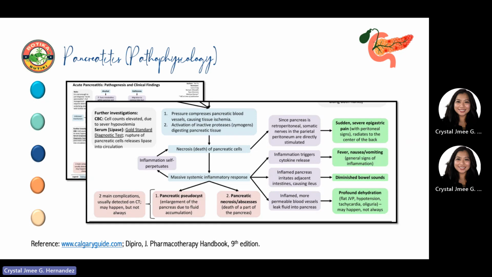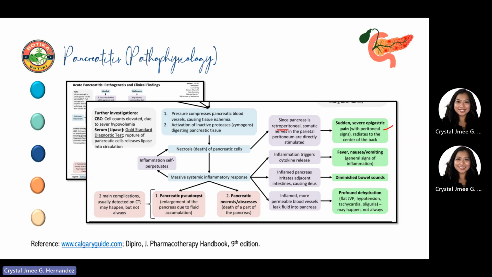Furthermore, there are several occurrences that will follow which are associated with the signs and symptoms. Since the pancreas is retroperitoneal, some somatic nerves in the parietal peritoneum are directly stimulated, leading to sudden severe epigastric pain with peritoneal signs that radiates to the center of the back.